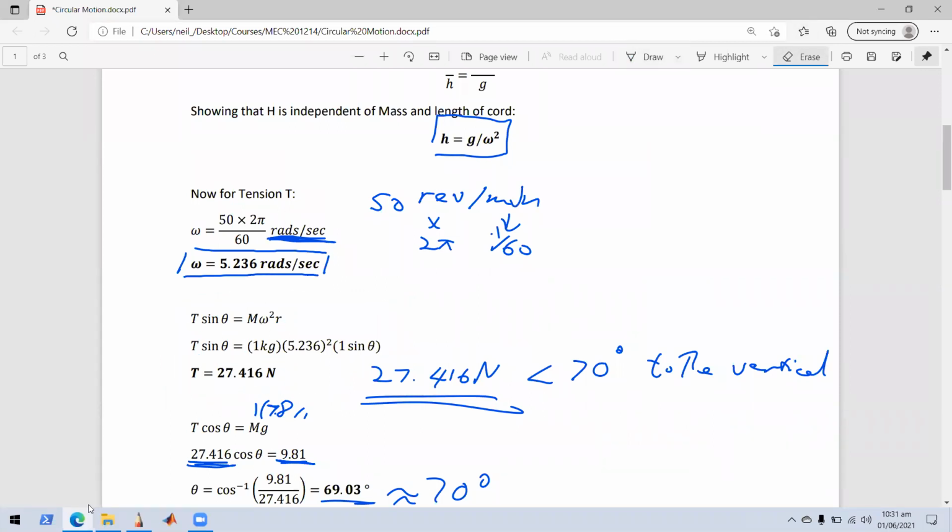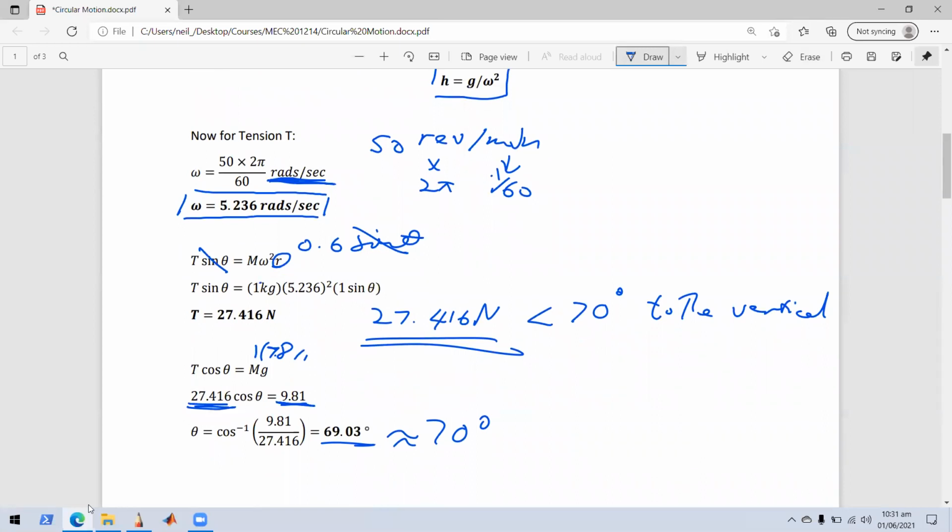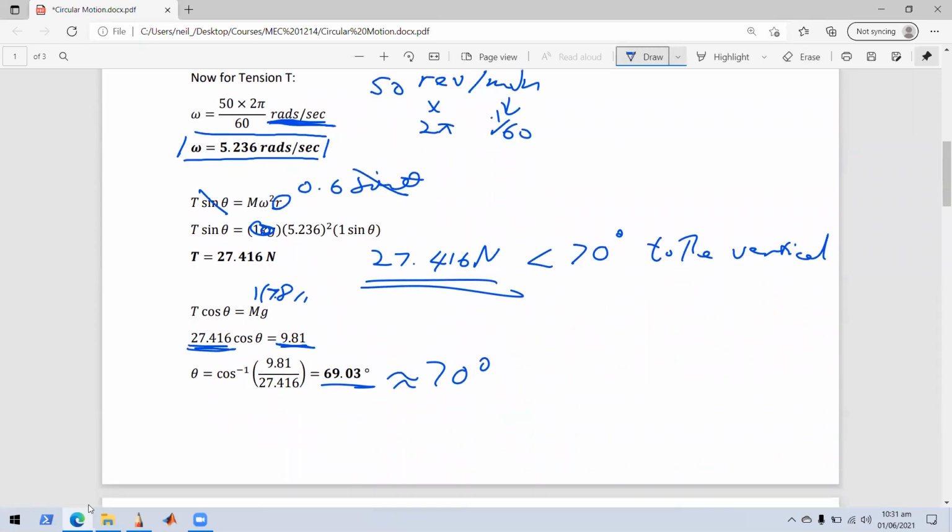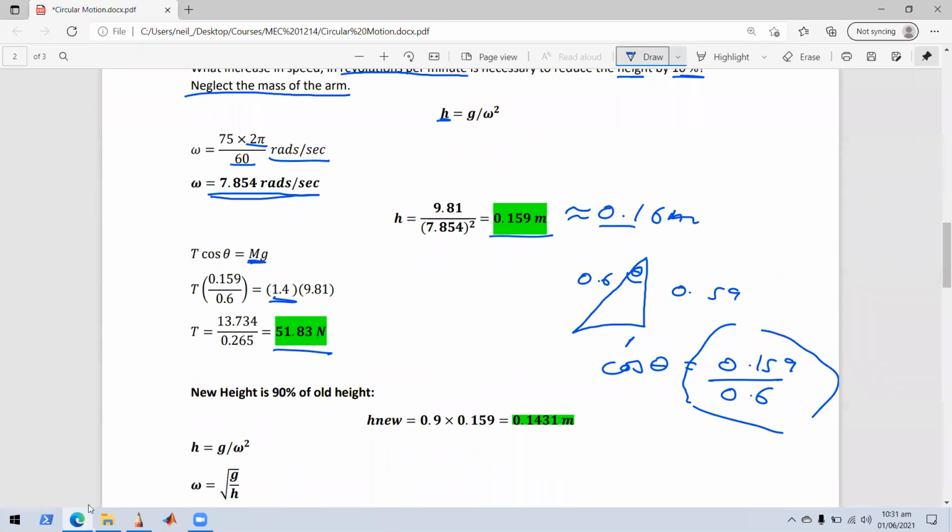Just remember, R is going to be equal to 0.6 sine theta, and then that's going to cancel out with that. And then you should get something similar. And remember, mass is now 1.4 kg, so keep that in mind as well if you're going to use the other formula. We should get the same answer.